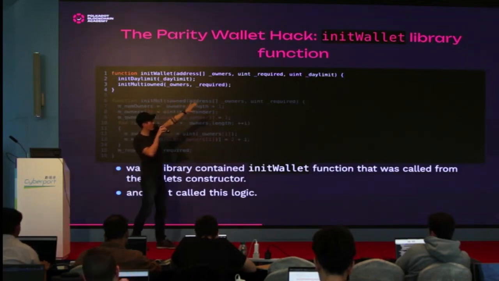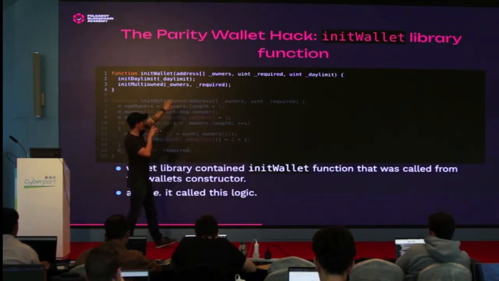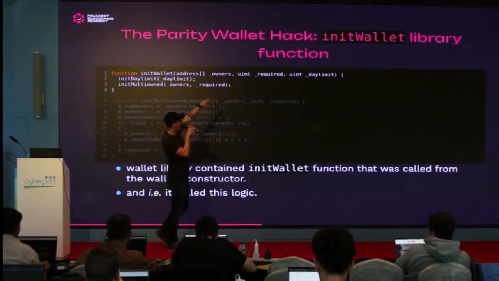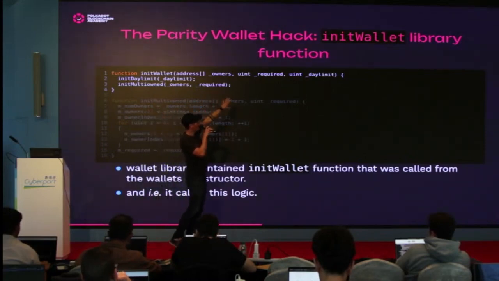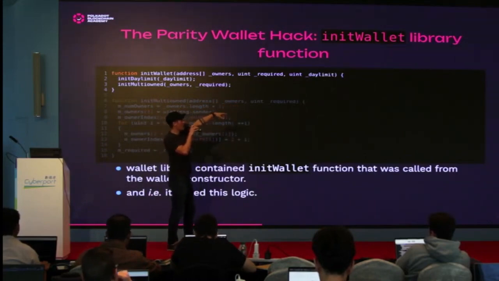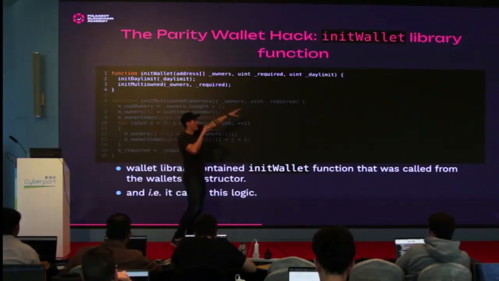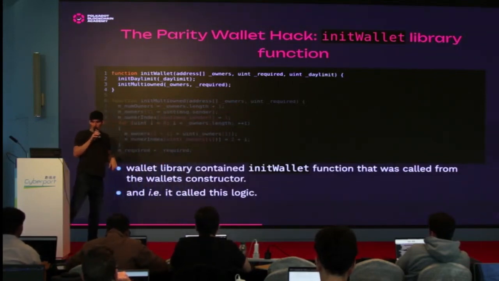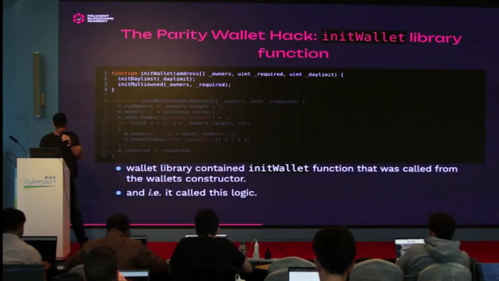A threshold, so how many signatures, let's say you have 10 owners, so maybe you require n/2 plus 1 signatures, and as a safety feature, a daily limit of withdrawals. And this called these two other functions.